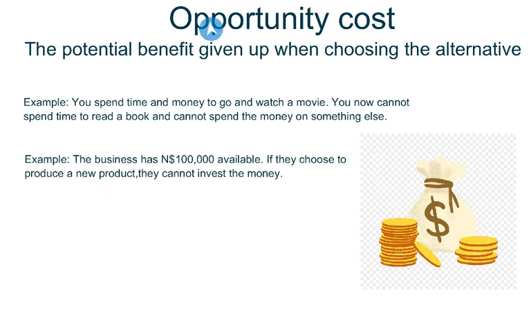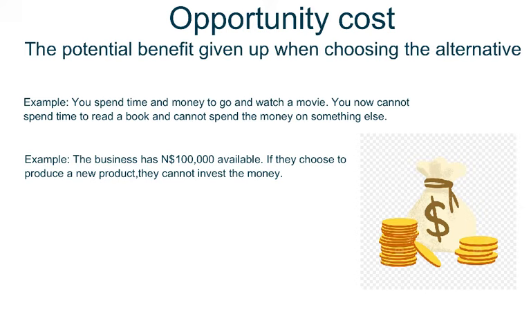Now, an opportunity cost is the potential benefit that you give up when you choose one item. Let's look at an example. If you spend time and money and go watch a movie, now you cannot spend that time to read a book and you cannot spend the money on something else, because you chose to spend your time and money on the movie.